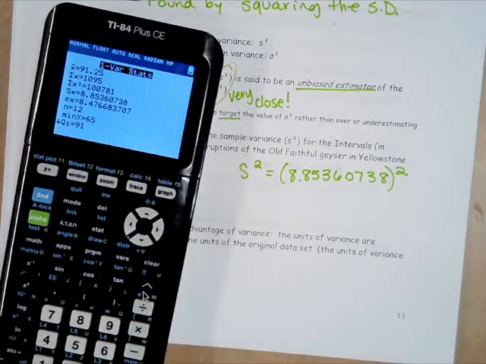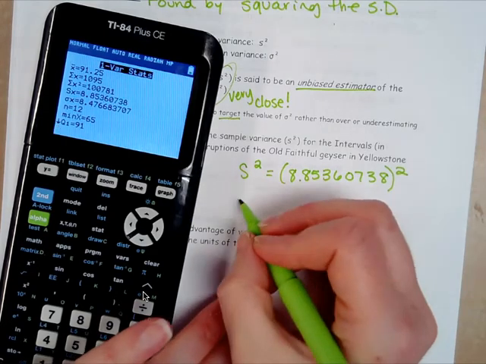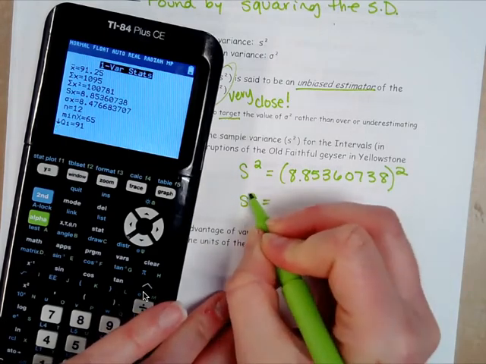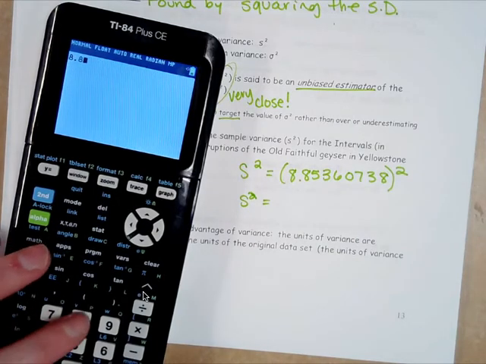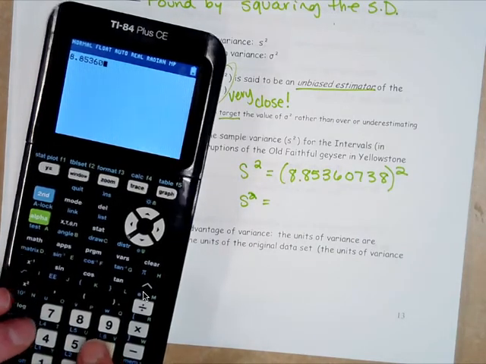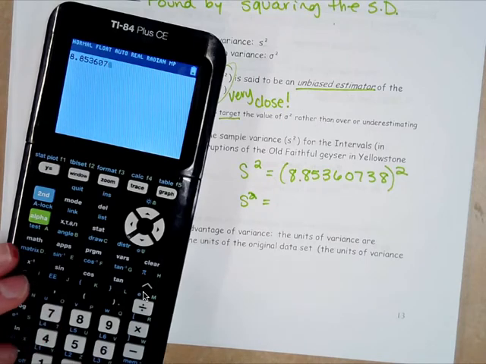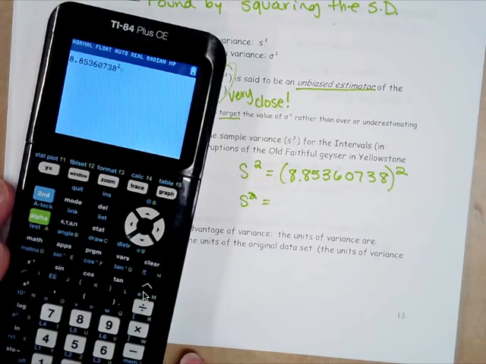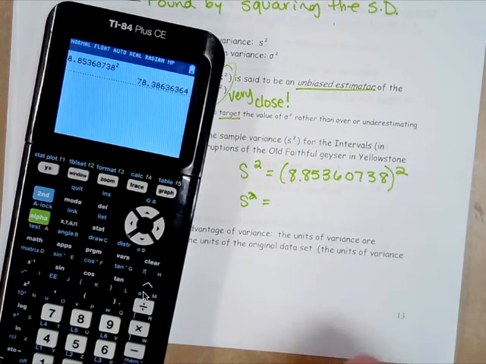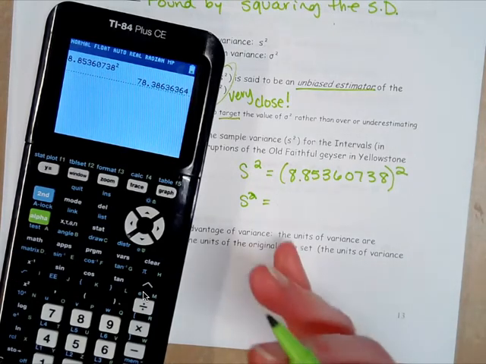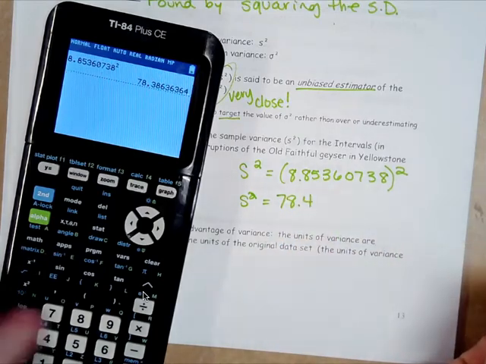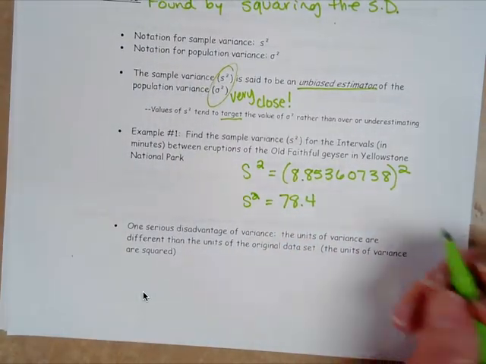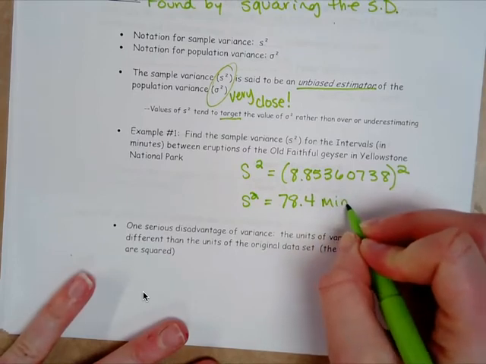And then we can round it at the end with our final value. So our sample variance, 8.85360738, and then square it. So we can round this value now. One more than the original data, so 78.4. And this value is actually squared. So it's going to be minutes squared.